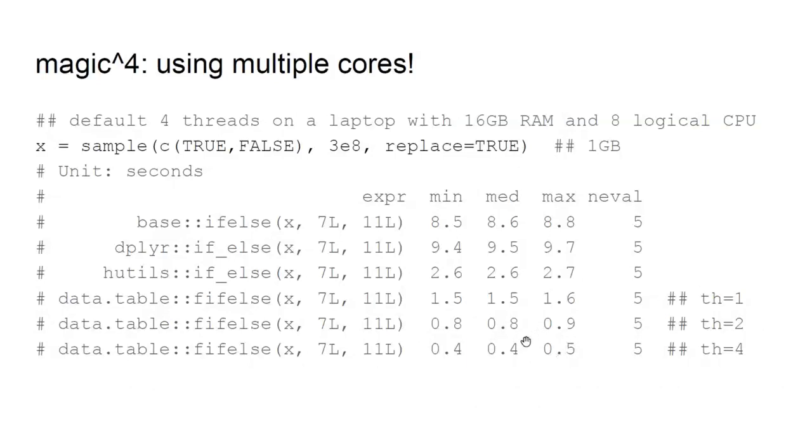So we can see that it scales pretty well. From 1.4, it goes to 0.4. So the more threads we throw at this, if we have a machine that has 128 threads and some big vector or some logical expression, then it will scale very well.